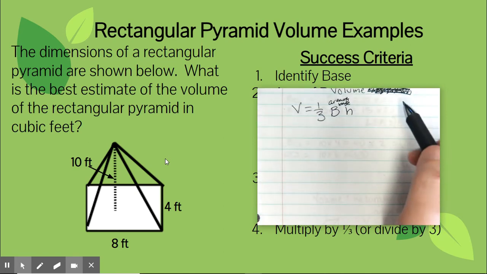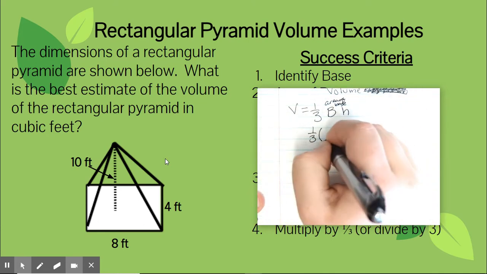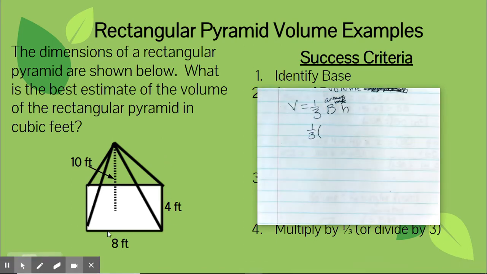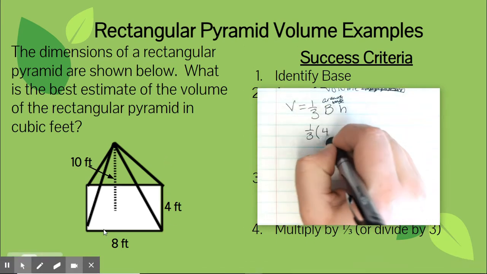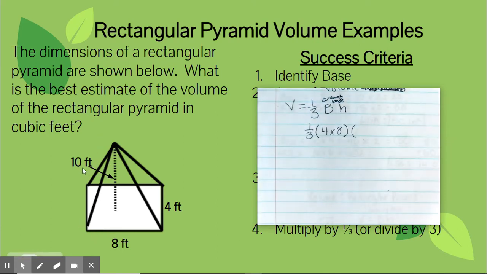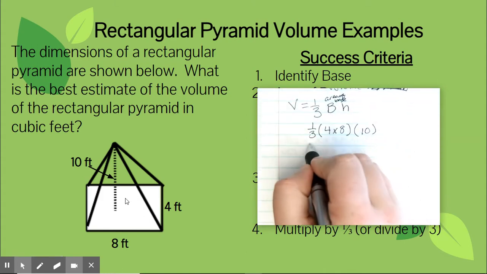The area of the rectangle is going to be the length times the width, so 4 times 8, and then times the height of the pyramid, which is that 10 right there.